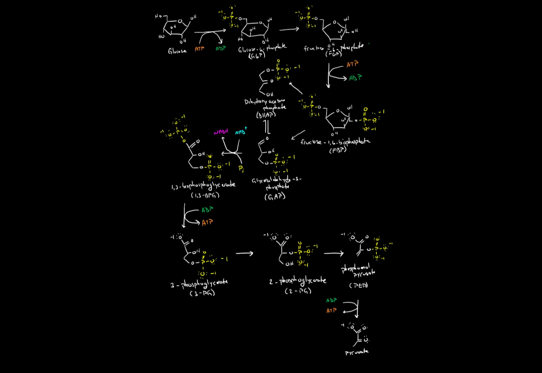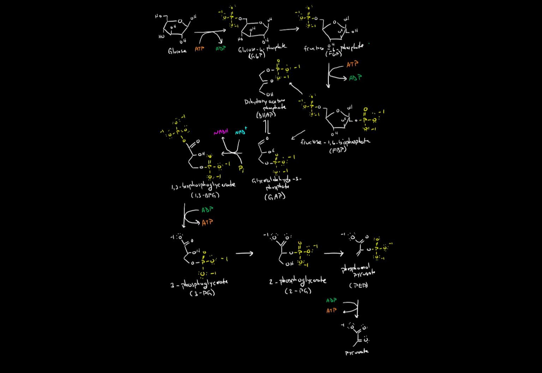Okay, so what we're looking at here is the big picture of glycolysis. We're looking at the structure of all of the intermediates, as well as all of the important molecules like ATP, ADP, NADH, and NAD+, that play a role in the overall energy production process of glycolysis.